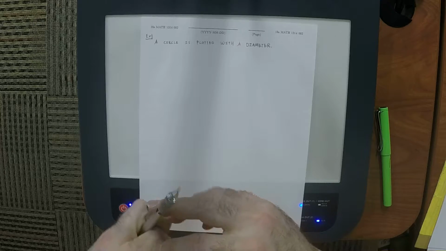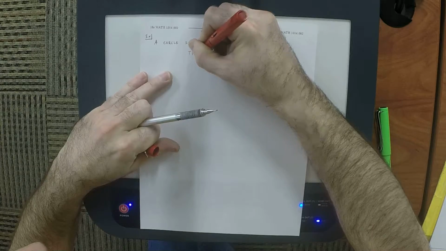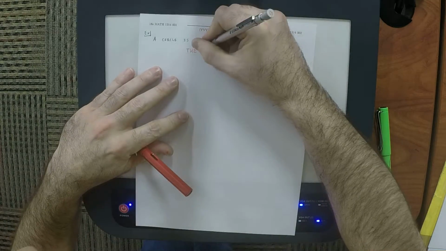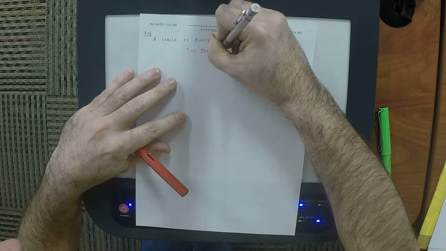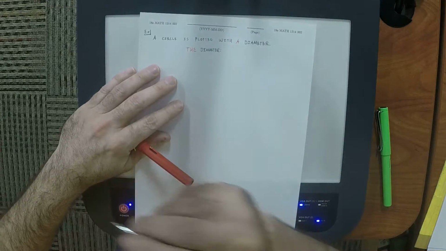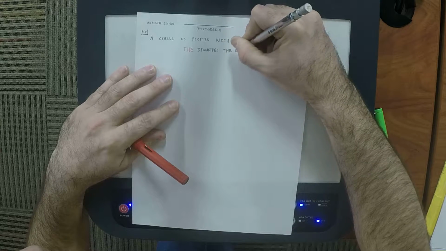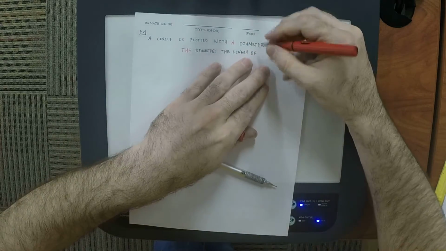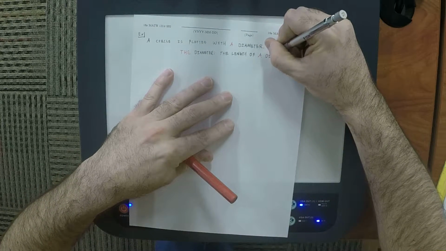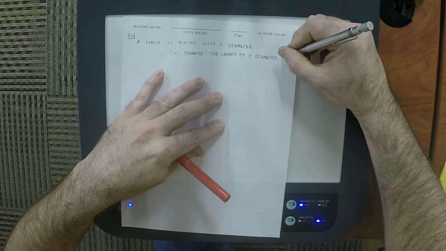So when you say the diameter, this means the length of a diameter. And this will be a real number.